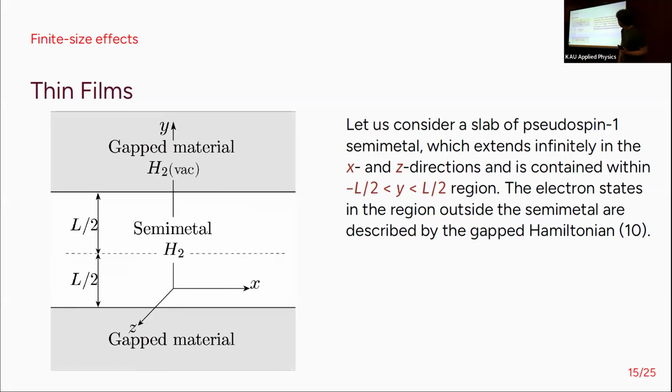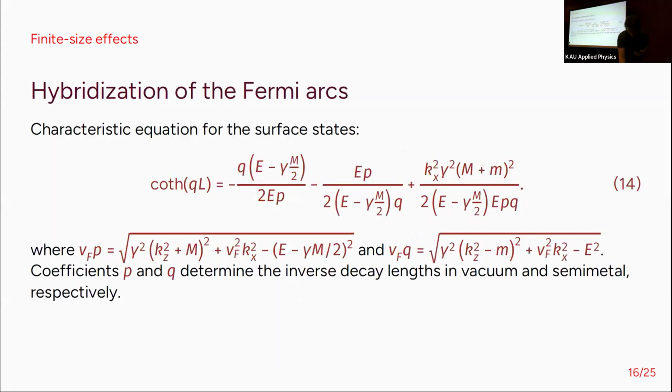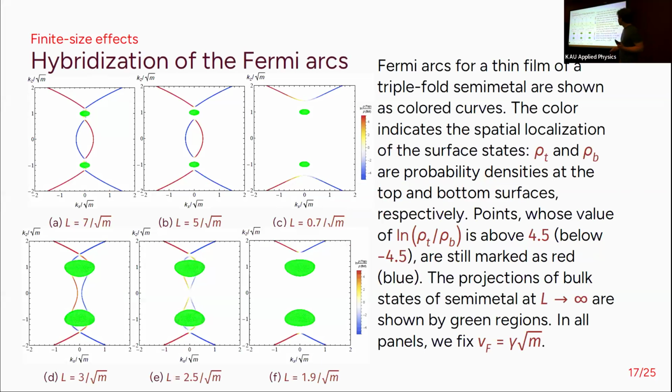It is of thickness L. So solving for triple-fold semimetals gives us this difficult dispersion relation, without discussing it, because it will take a lot of time. We'll jump to looking at the plots which we obtain.